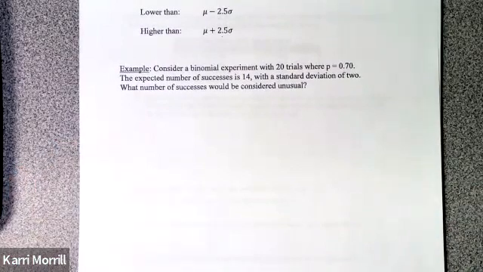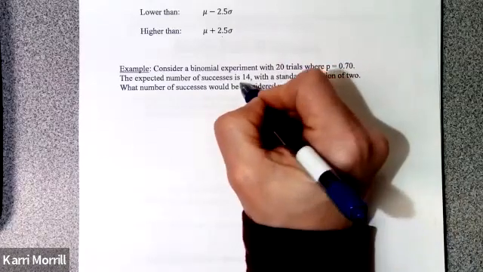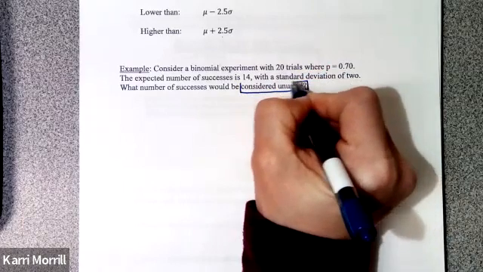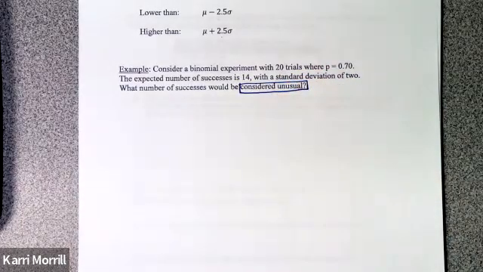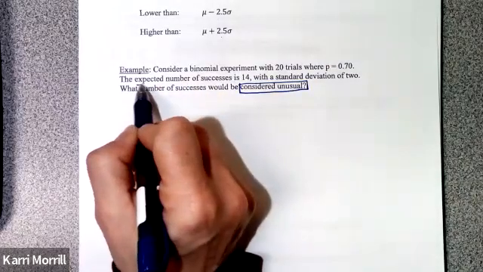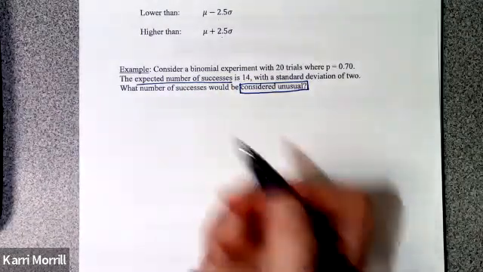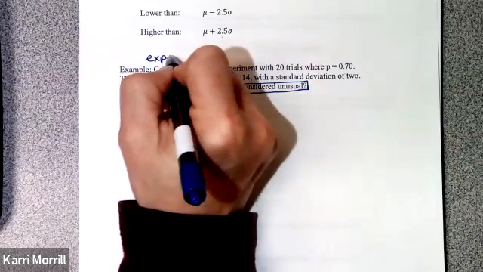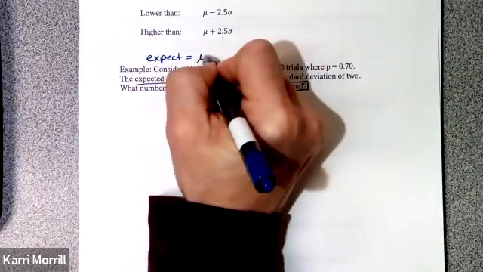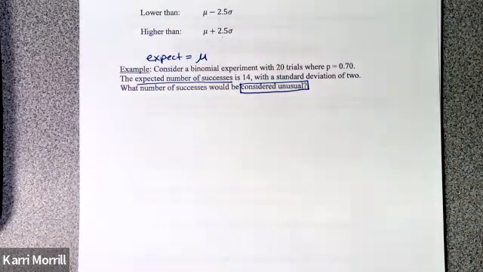With a standard deviation of 2, what number of successes would be considered unusual? So this is how you know you're going to be doing this next step. In the terminology that'll pop out, it will say considered unusual. Also, expected number of successes means that you're working with your mean. That's a good indication that you're working with your mean.